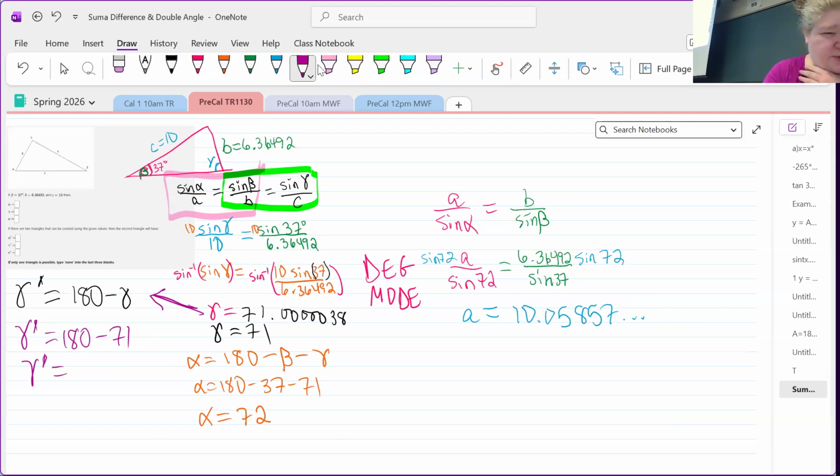So what is that, 109? So then you can calculate a different alpha prime from that and then use the same setup to calculate side A prime.